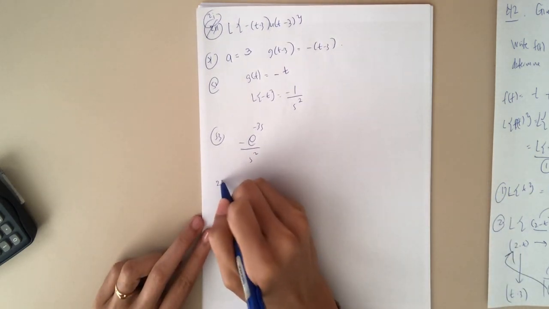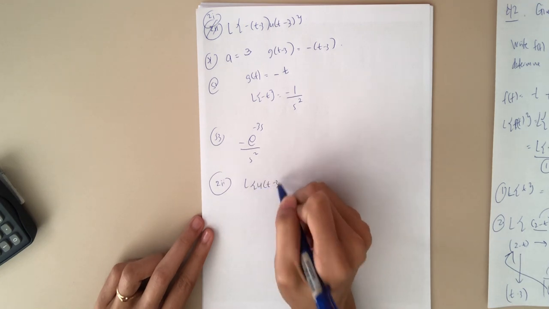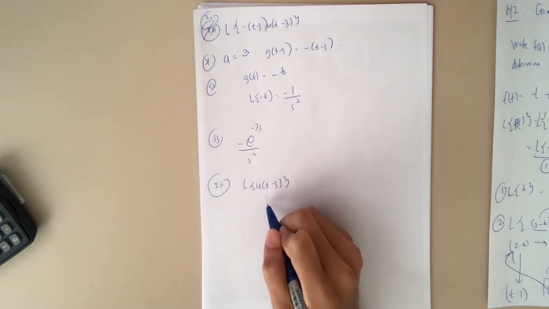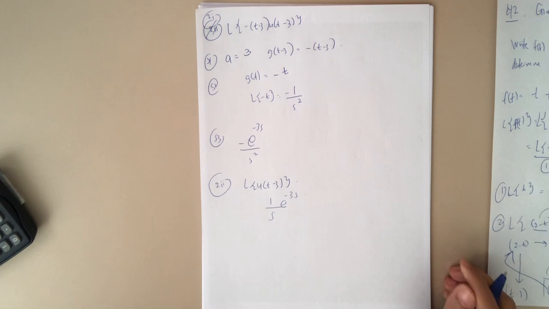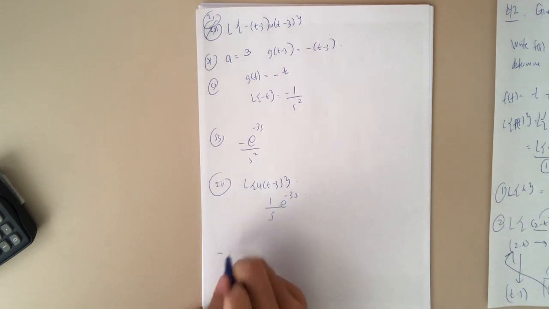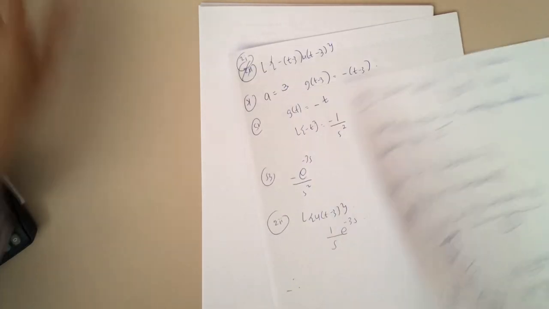For the second Roman numeral, it's just straightforward. You just use your table. You can use this table, so the answer will be 1 over s times e to the negative 3s. This is the answer. So for the final answer, don't forget you have the answer for number 1 just now.